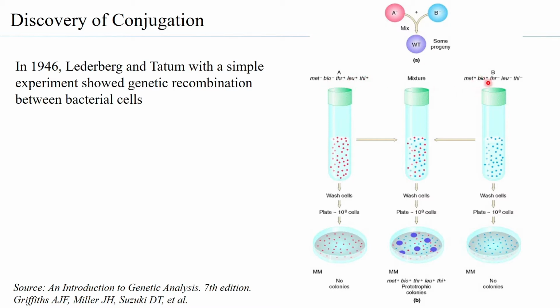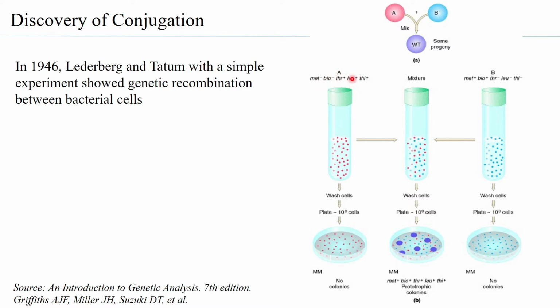In strain B, exactly the opposite was there, which means that the met and the bio were active, whereas the threonine, leucine, and thymine were in a mutated state. Which means that strain A is an auxotroph. Why do you call it auxotroph?